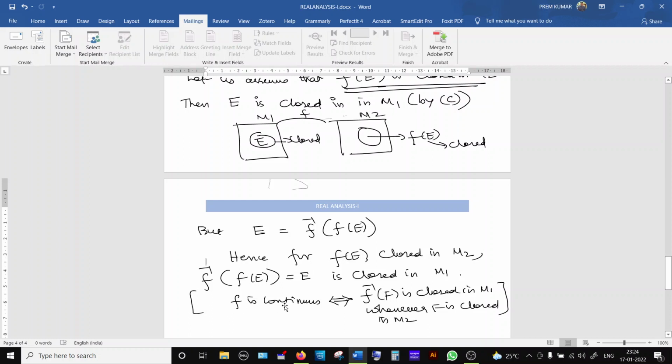So again by this theorem, this is a theorem for f is continuous. In general, a function f is continuous if and only if the inverse image of a closed set is also closed whenever the set is closed in the codomain. So the inverse image of this, which is E, is closed in M1.